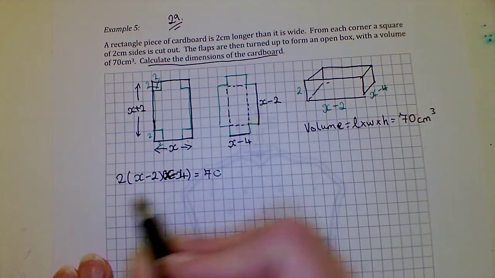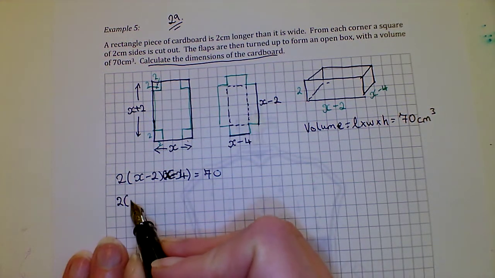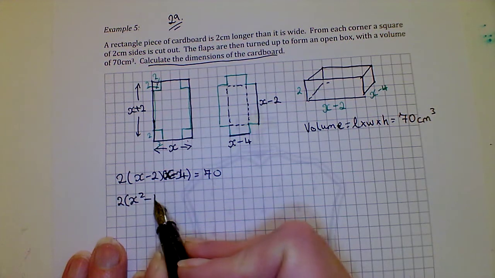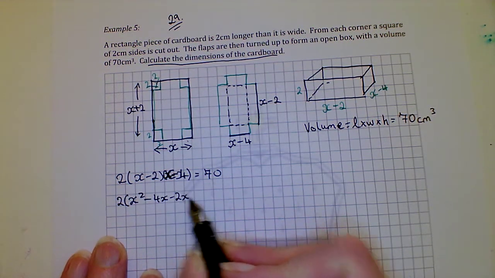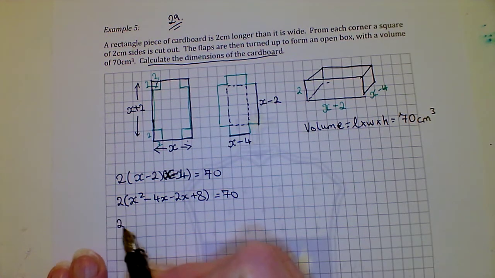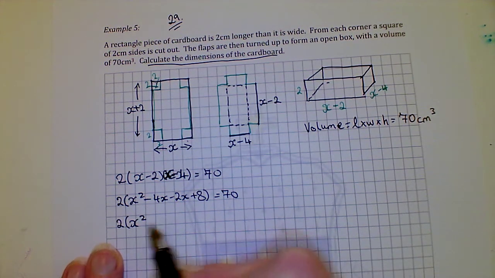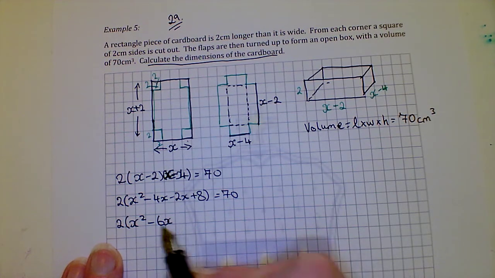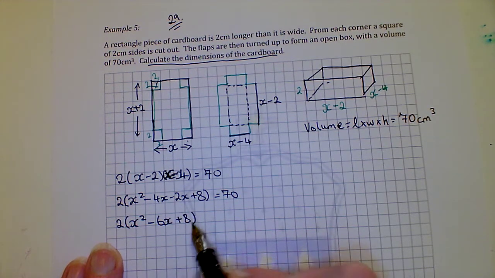And multiplying that out, that's 2 by x squared minus 4x minus 2x plus 8 equal to 70. That's 2 by x squared minus 6x plus 8 equals 70.